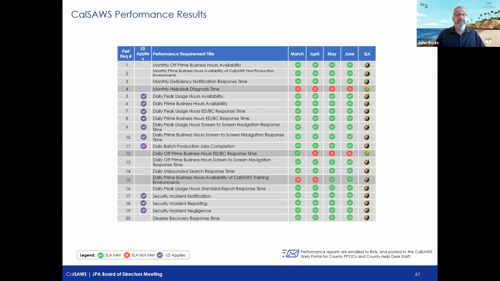If there's anything the board wants to see on what has been collected, we definitely can share, but it is a very standard process. There's a report that comes out and it gets applied and validated with our quality assurance vendor every single month. With that, Michael, we can return it back to you for questions and comments.